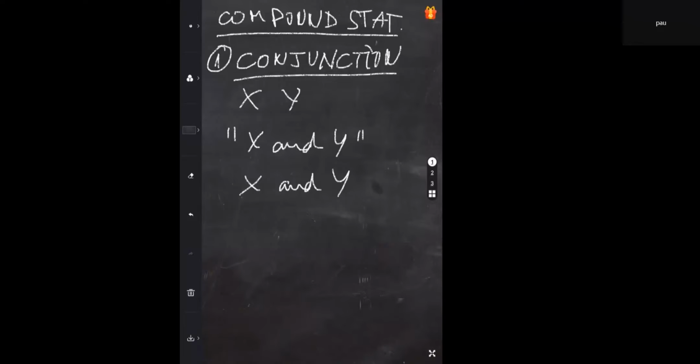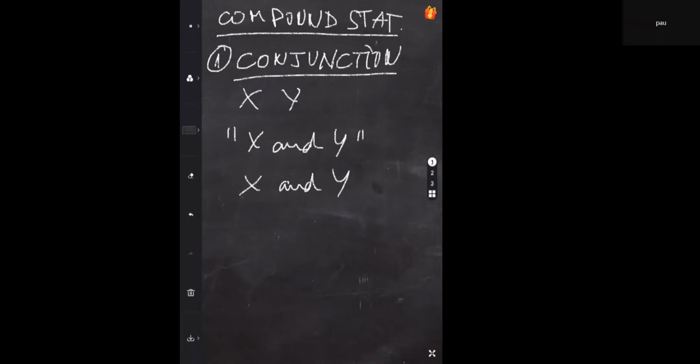We're going to start with something very basic, but it will become quite complex very soon. So don't loosen up. If X and Y are statements, then the statement X and Y is true if X and Y are both true.